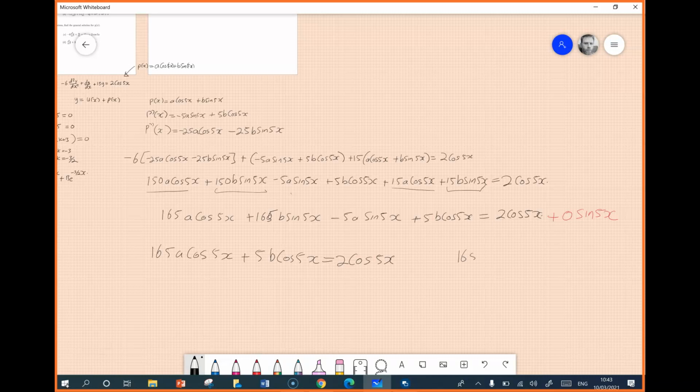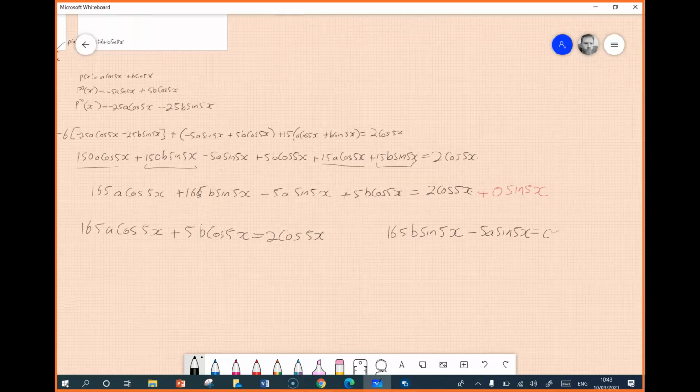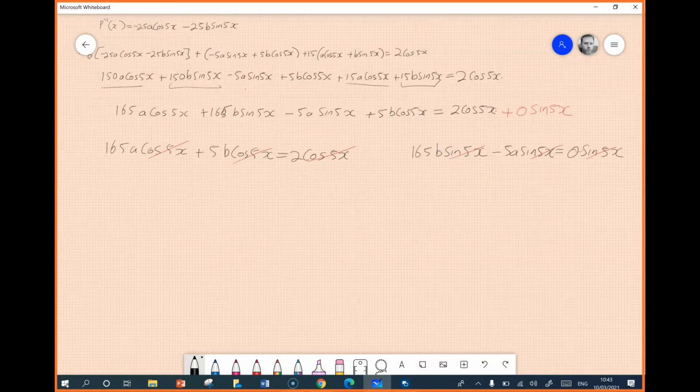So I have 165b sine 5x minus 5a sine 5x, and that's equal to 0 sine 5x. Okay, so I can simplify, divide everything here by cos 5x, divide everything here by sine 5x. And that gives me just two linear equations: 165a plus 5b equals 2, and 165b minus 5a is equal to 0.